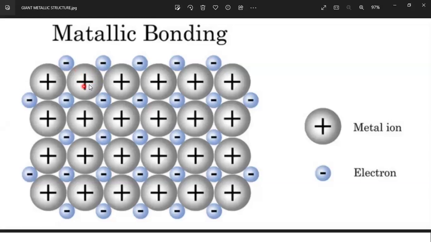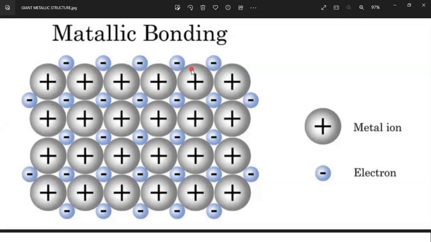So very many atoms come up in this kind of arrangement to form an element. These are what we call the giant metallic structures.